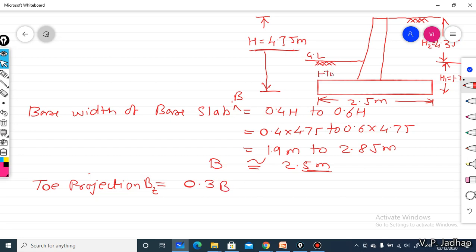We have b equal to 2.5 meter, therefore 0.3 into 2.5 meter comes out to be 0.75 meter. So this width comes out to be 0.75 meter.